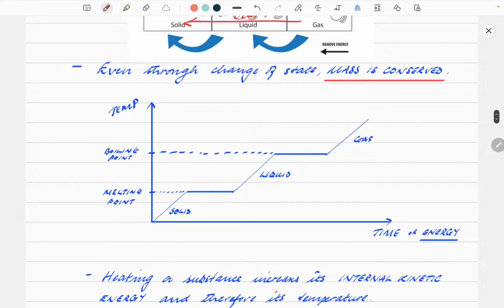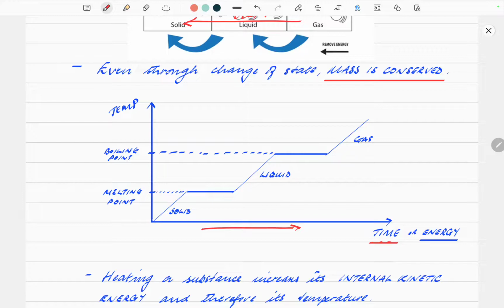Now here's a graph most of you are familiar with. On the bottom axis, we're showing time or energy. I prefer to think of it as energy. As you add energy, you are increasing the amount of energy in the material. But if the question says that you're adding energy at a constant rate, then you can put time on the bottom axis as well.